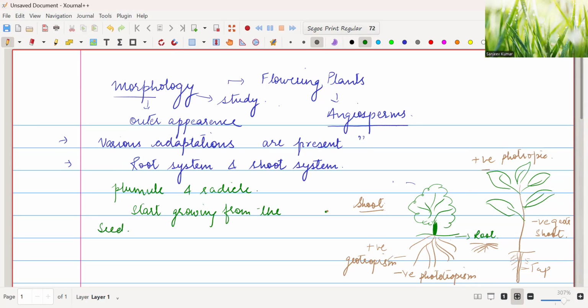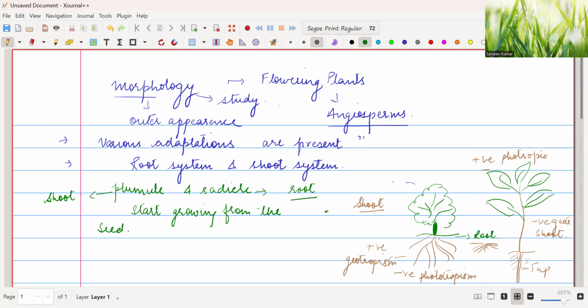The plumule will give rise to the shoot or the stem, and the radicle will give rise to the root or the root system.